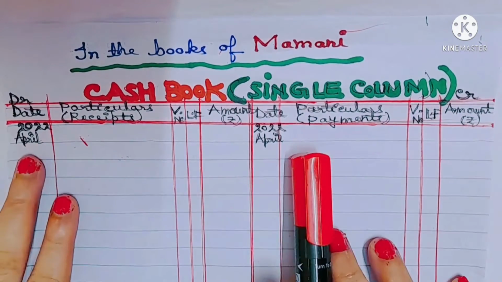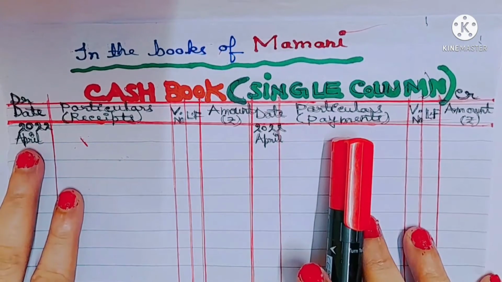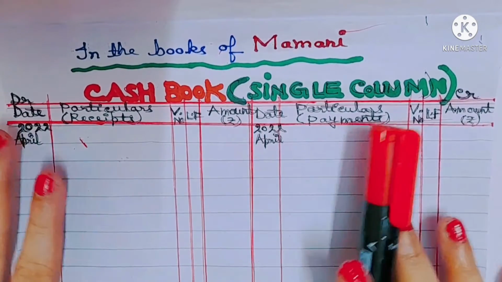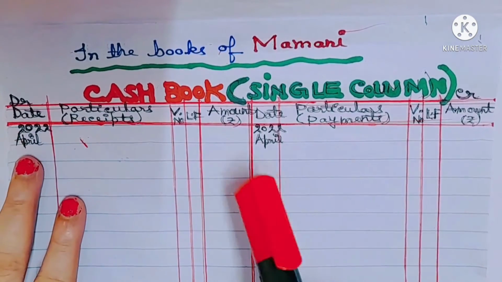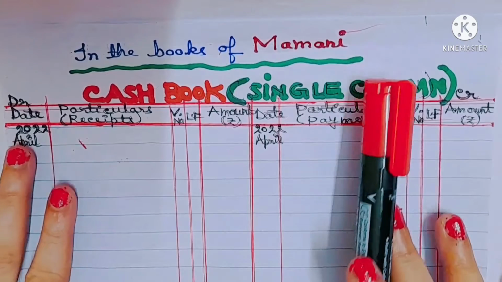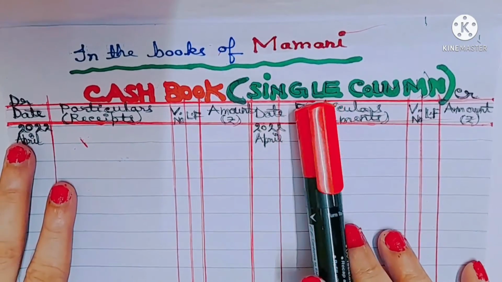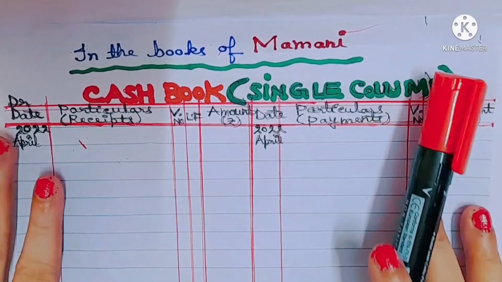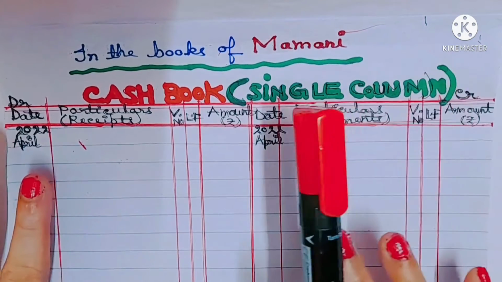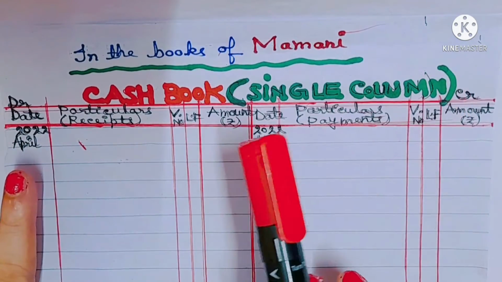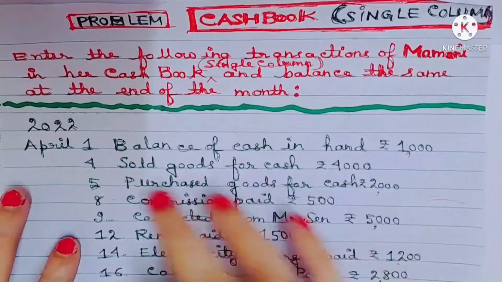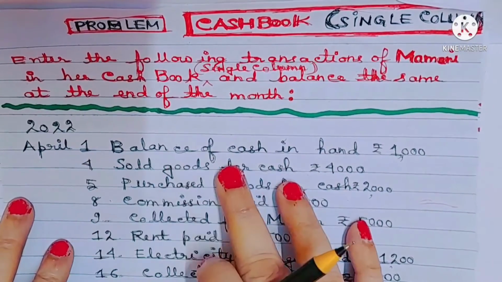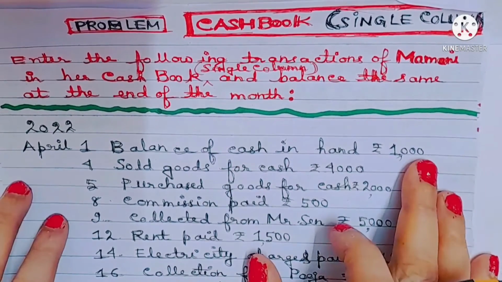Understood? Here, no journal entry is opened and no cash account is opened in the ledger because cash book serves the purpose of journal as well as the purpose of ledger. So, we straight away write the journal in the cash book. See, on 1st April, balance of cash in hand 1000 is given.